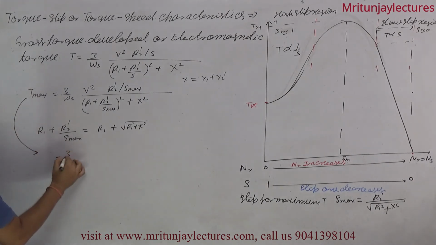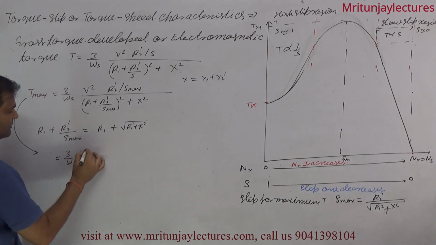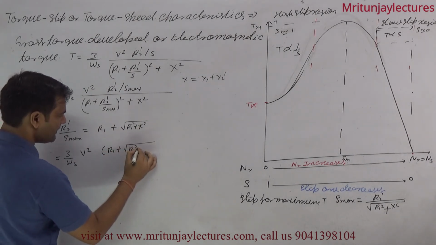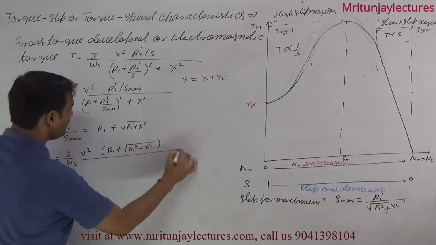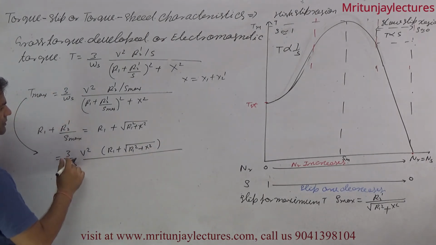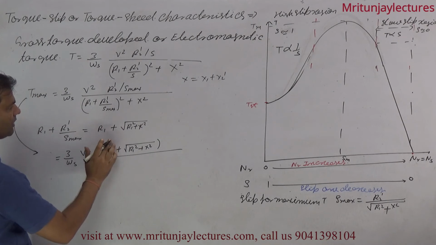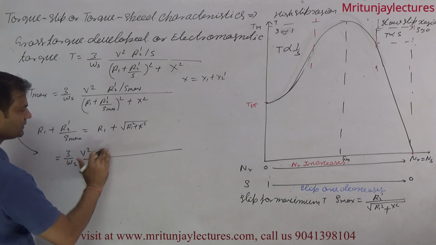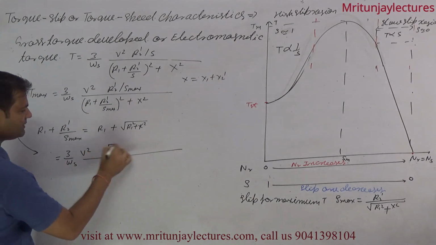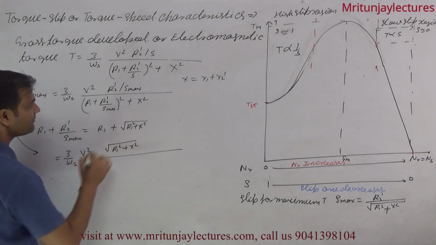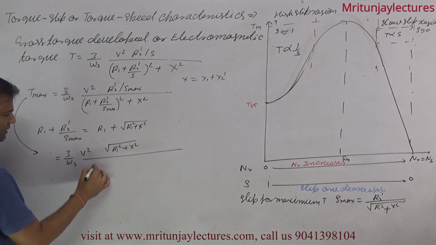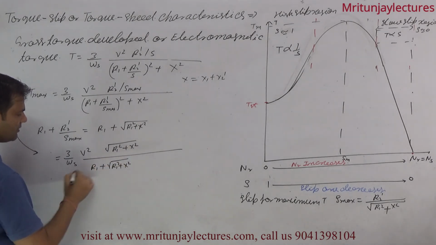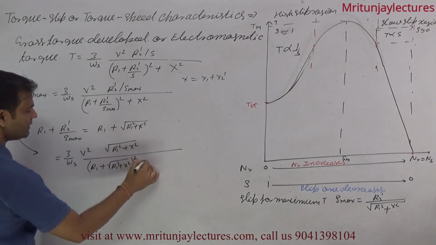Now 3 divided by omega s, that is V², it is r1 plus under root, sorry, r2', that is r1² + x². Clear? Now this one, r1 plus under root r1² to the whole square plus x². Clear?